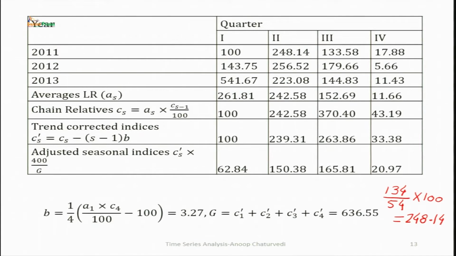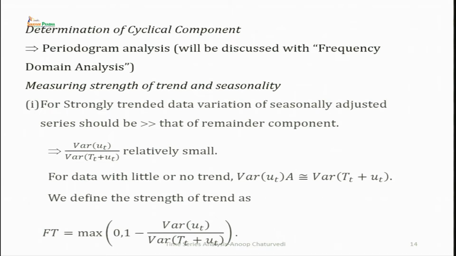Since you have quarterly data, you have to adjust it so that the sum of all the indices becomes 400. So, we use this formula, divide CS dash by the grand total and multiply it by 400, and you get the final figures.